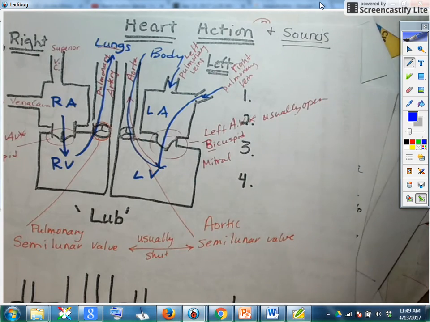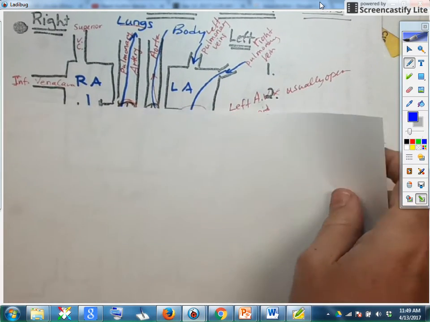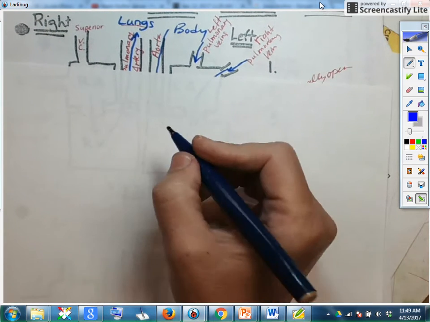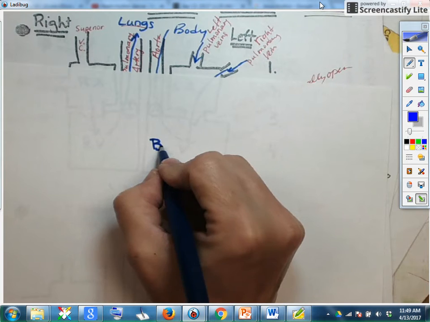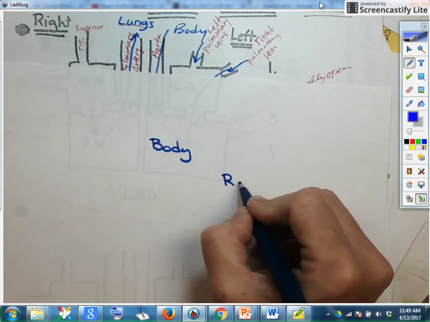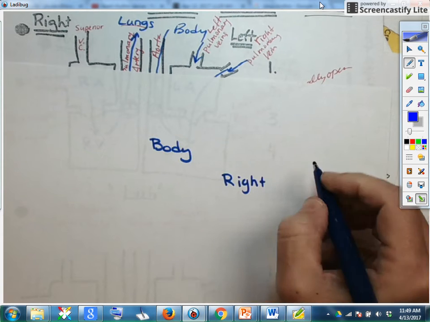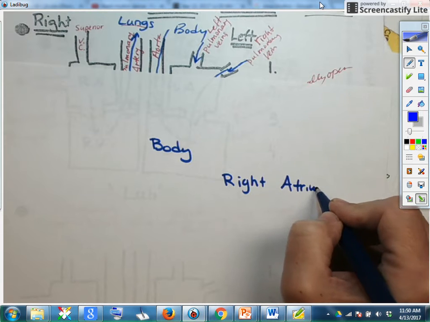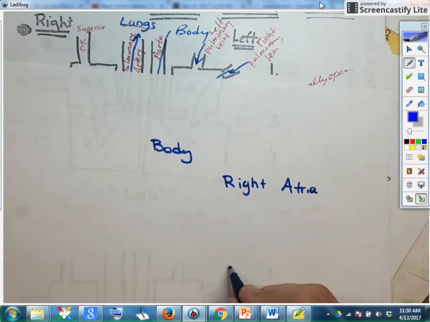Alright, so tracing the blood through the heart. It comes from the body. Then it goes to the right atria. Then it goes to the right ventricle. And it goes to the lungs.